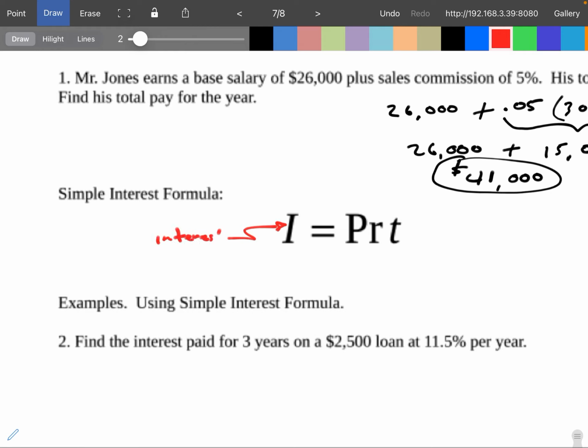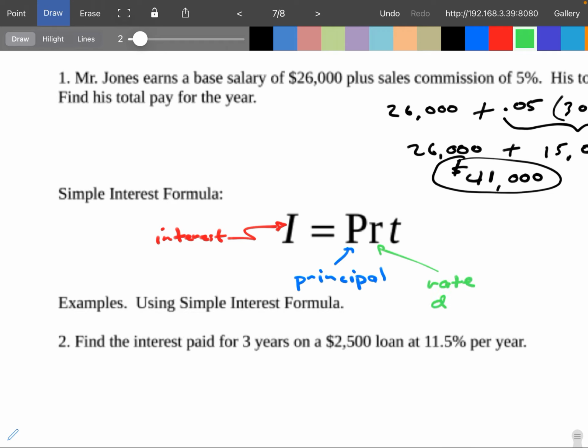The I here is your interest, and you either pay the interest if you borrow money, or you earn the interest if you invest money. And then the P is the principal. That's either the amount you borrowed or the amount you invested.